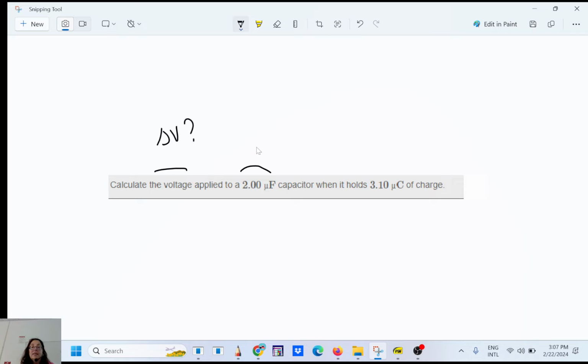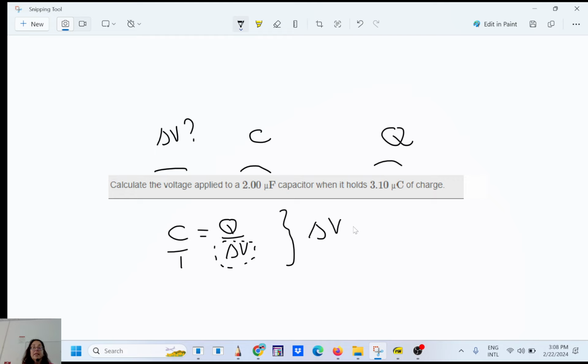So that will be your capacitance, and that will be your charge. Okay. So capacitance is the charge per unit voltage. So you are finding delta V equals Q over C.